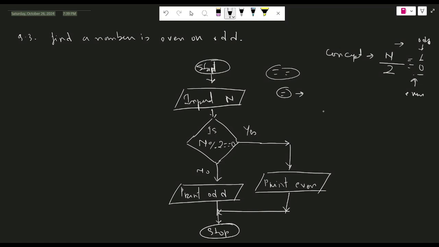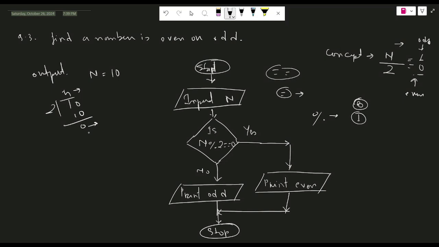Now here, what modulus does is that when you use modulus, it gives you the remainder as the answer. Suppose n is equal to 10. Then 10 will be divided by 2, but here the answer is not the quotient, it will be the remainder.